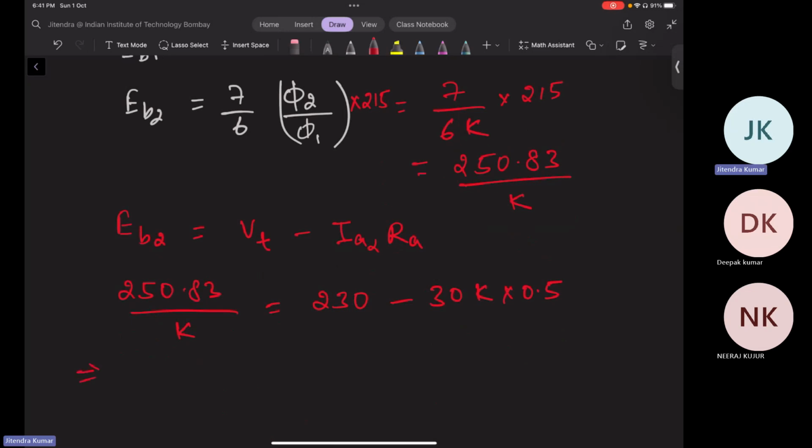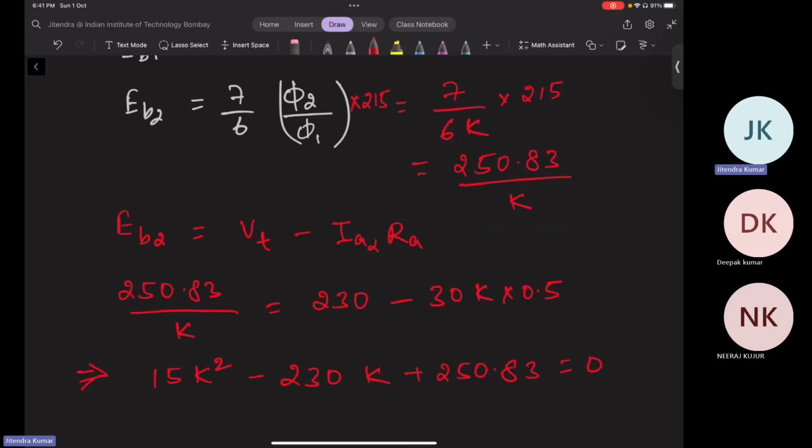So you will end up having a quadratic equation: 15K square minus 230K plus 250.83.